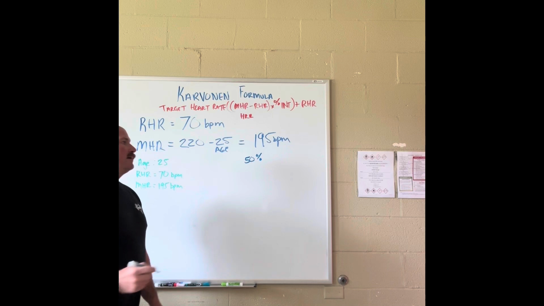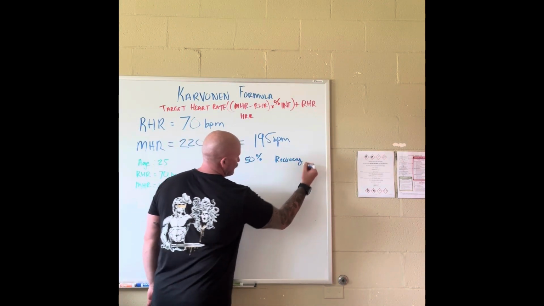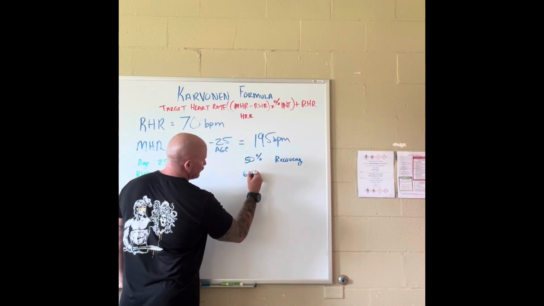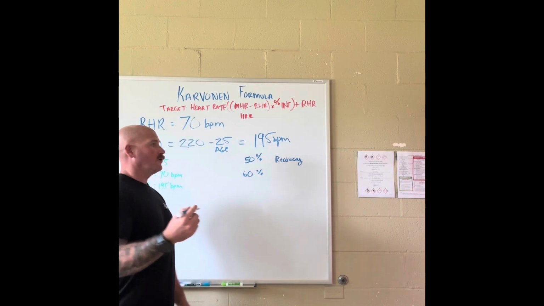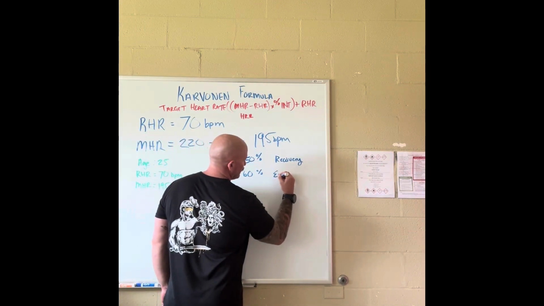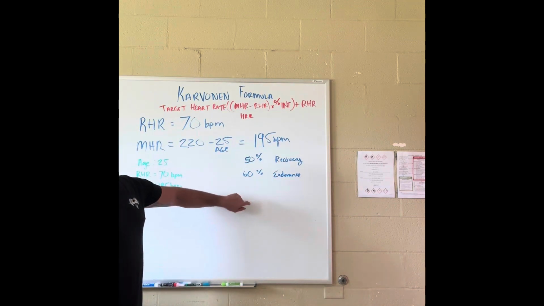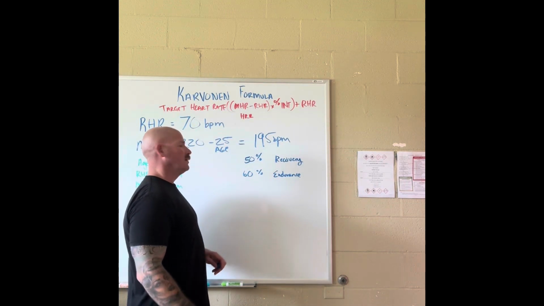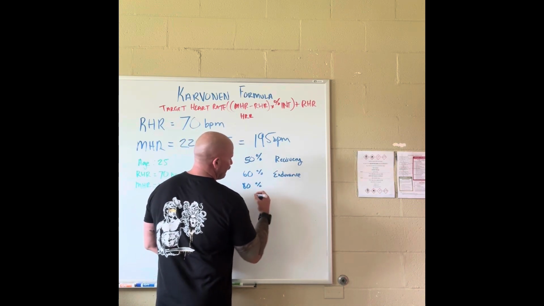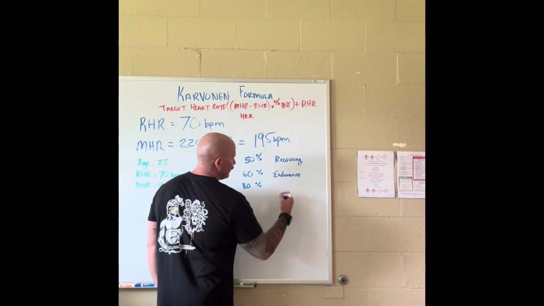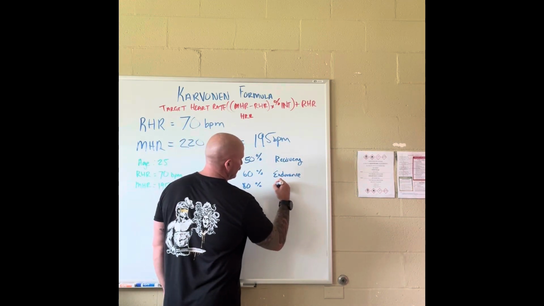Okay, 50% is your recovery. And we're going to have 60%, which is your moderate, also your endurance threshold. And then we like to push the limit when it comes to Marines and sailors. So we're going to have an intensity level of 80%, this is pretty much your aerobic or your max threshold.